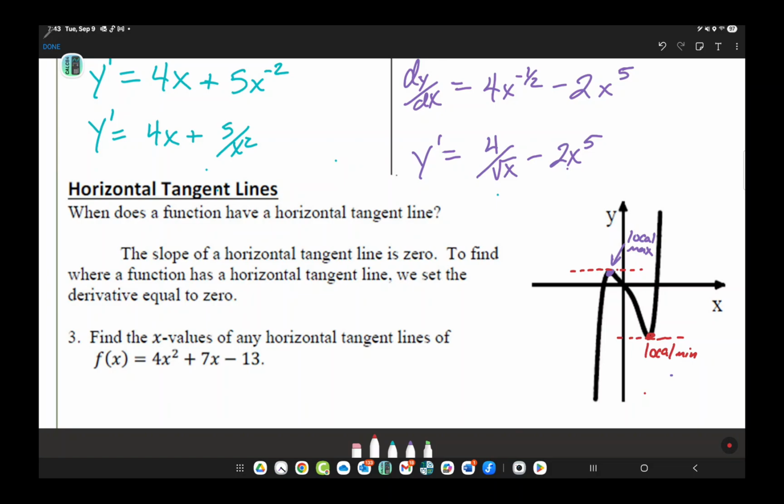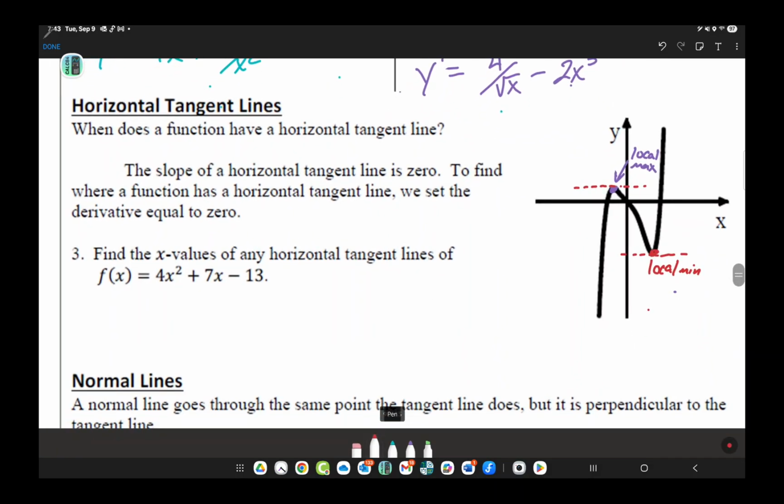So we can use derivatives to find local max and local mins by taking the derivative function and setting it equal to 0. Now, will it tell us if it's a local max or local min? No, it'll just tell us there's a turning point here. Okay, we'd have to plug it in to see if it's a local max or local min.